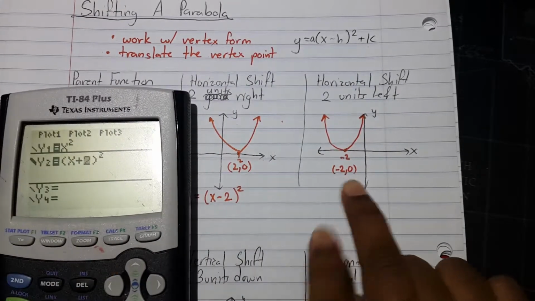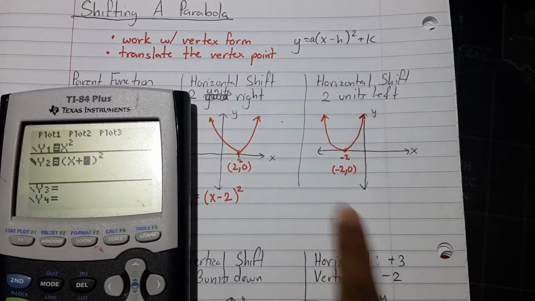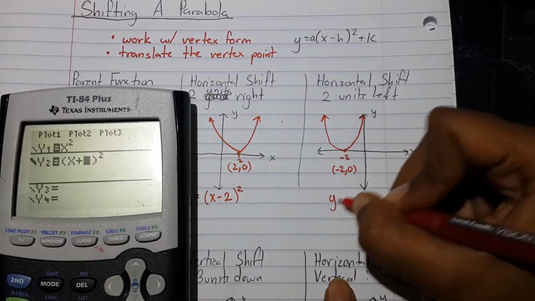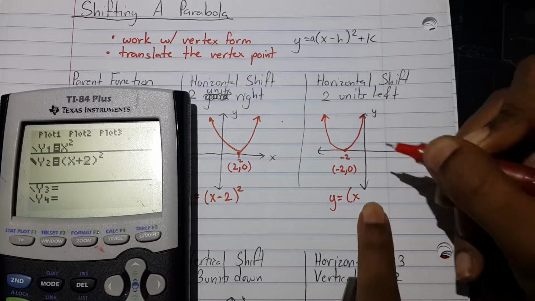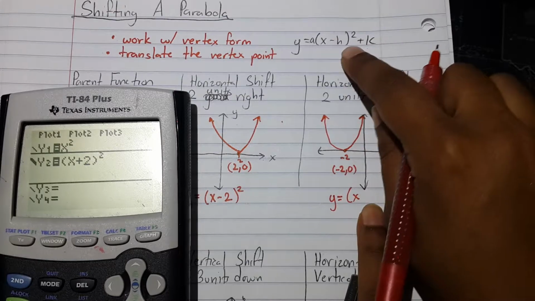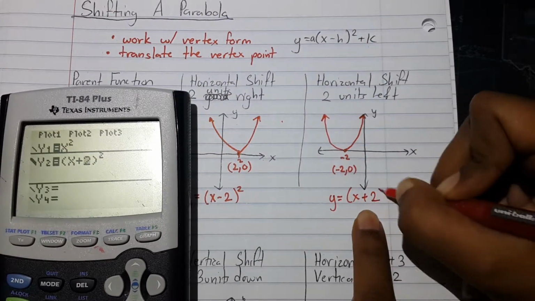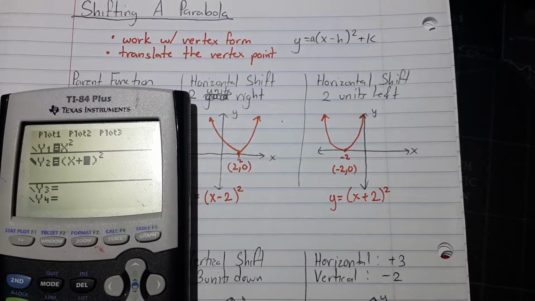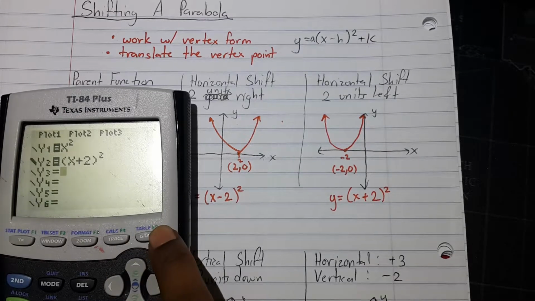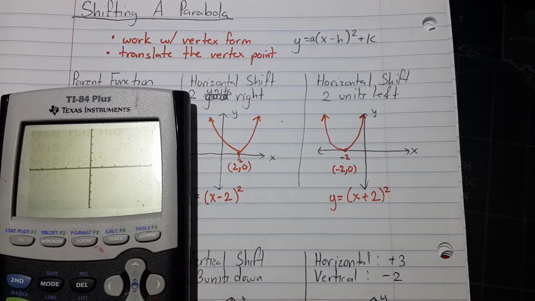Because I moved negative 2. If I were to substitute in here, this would be y equals (x, since I'm doing negative 2, it's minus negative 2), that turns into a positive, squared. And on the calculator, it should give me that graph shifted over to the left. So here I'm graphing. Here's my parent function, and now here's my translated function 2 units to the left.